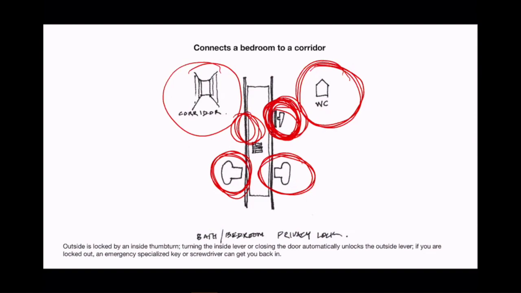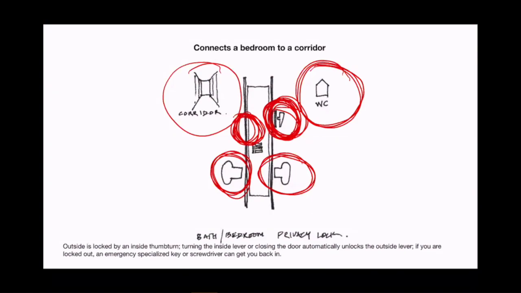Now, every once in a while, though, you'll have a situation where, for whatever reason, somebody locked it and then went out the window or something like that. Who knows? There may be some weird situation where you are actually locked out of your bedroom. And in that case, there is actually a place for a special key, or often a screwdriver can just be inserted and you can turn it. So it's kind of a non-key key. So in extreme situations, if you go to the toolbox, you can still get into your bathroom or into your bedroom.